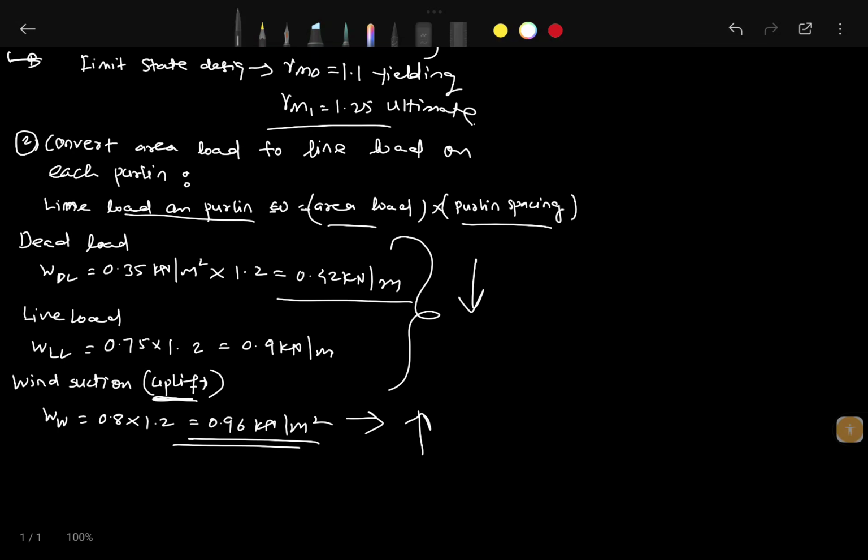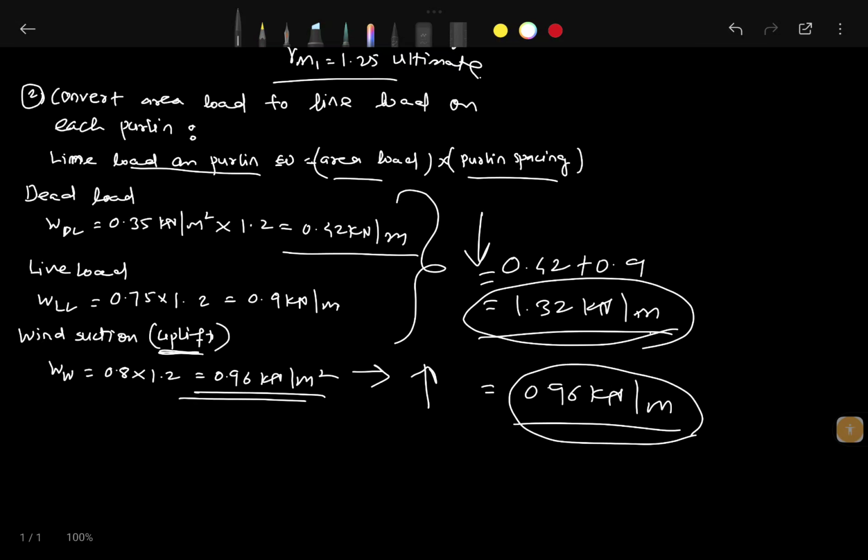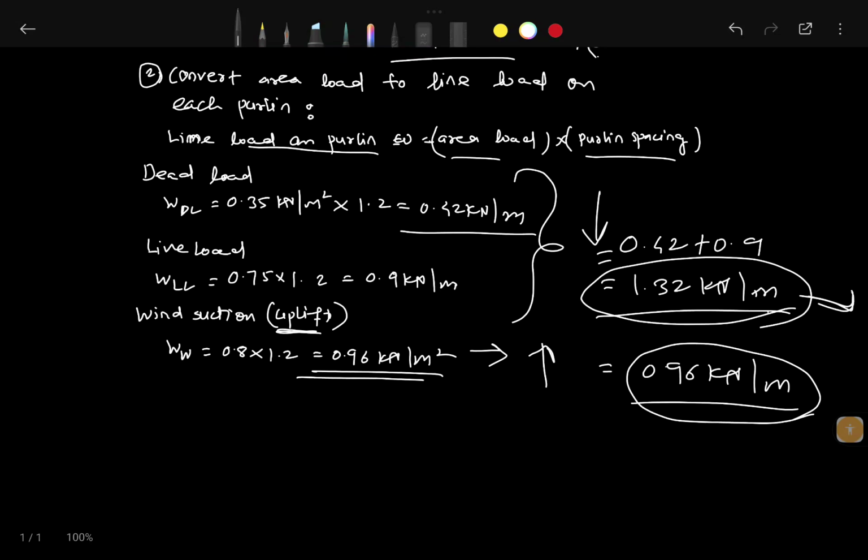So just add these two loads, 0.42 plus 0.9, the value will come 1.32 kilonewton per meter, and 0.96 acts as suction, so 0.96 kilonewton per meter. So this value is greater than the uplift value, so our design is safe. Okay, our consideration is safe.